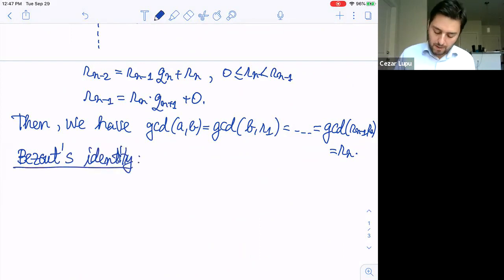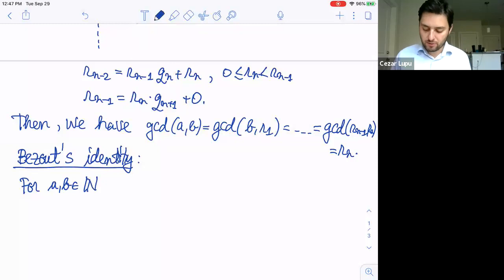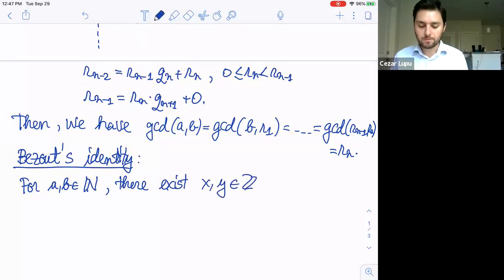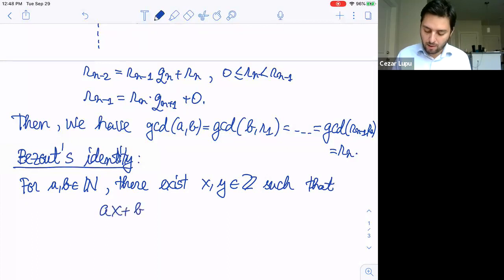Basically, it says the following: for, let's say, A and B positive integers, there exist x and y in Z, these two integers, such that ax plus by, so a times x plus b times y, is nothing else than the GCD between a and b.